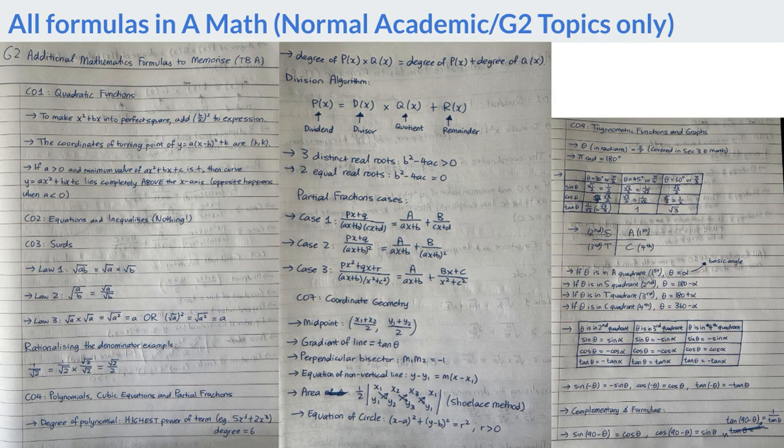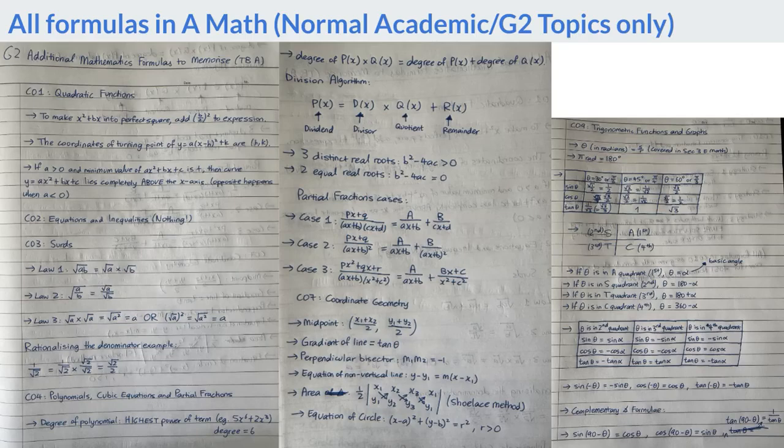Alright. The next one will be the use of ASTC. Until now I still have someone asking me what is ASTC. Okay, ASTC stands for all, sine, tangent and cosine. So all means every single function, which is your sine, cosine, tangent, will always be positive in the first quadrant.